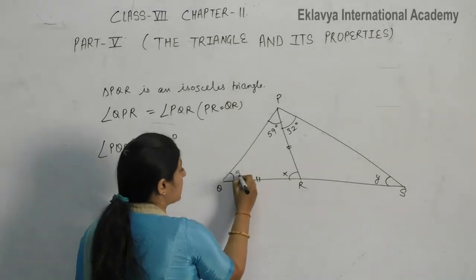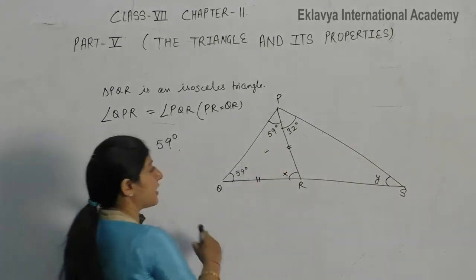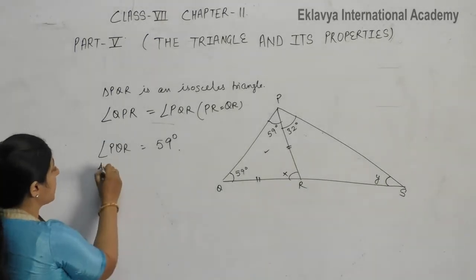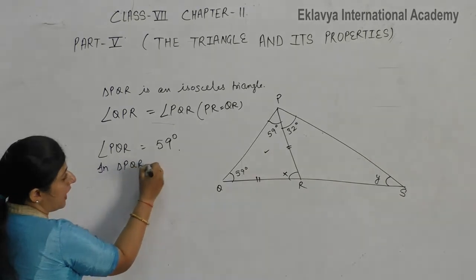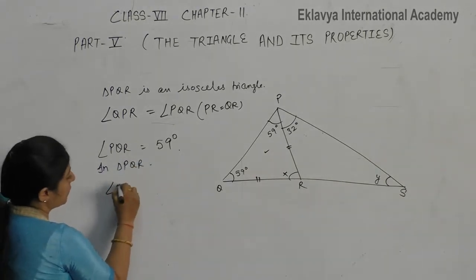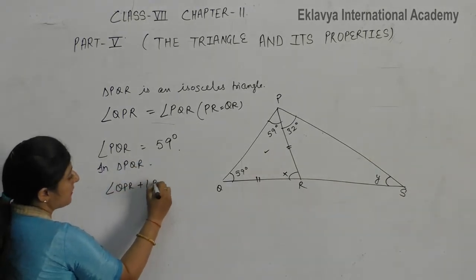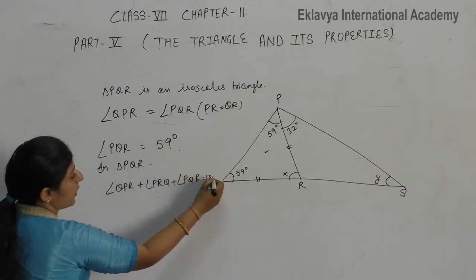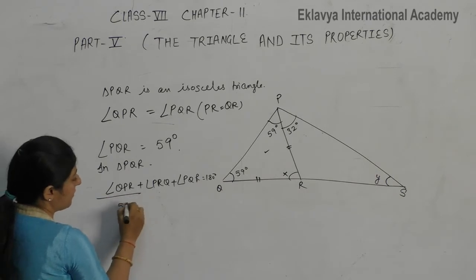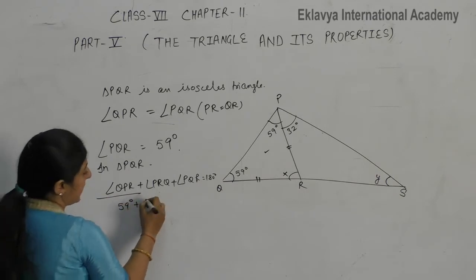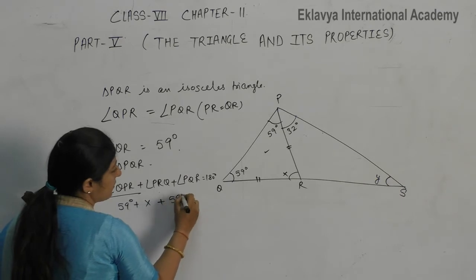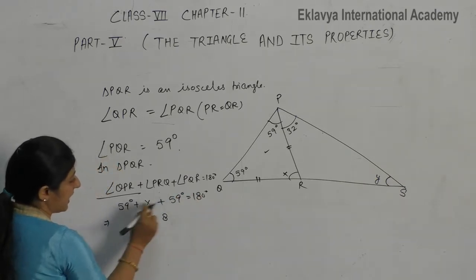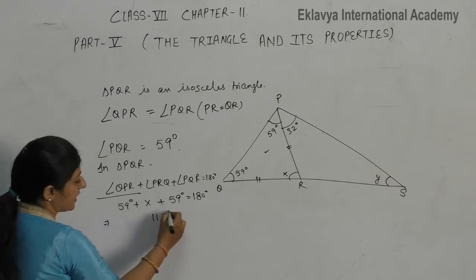Now, in this triangle, apply the angle sum property of a triangle. In triangle PQR, angle QPR plus PRQ plus PQR is equal to 180 degrees. QPR is 59 degrees, PRQ is X, PQR is also 59 degrees, so 59 plus 59 is 118.